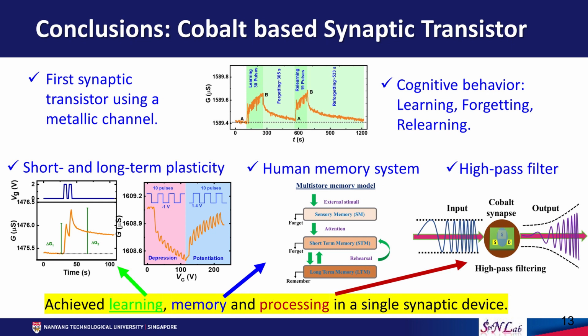And finally, in the single synaptic device, we have achieved learning, memory and processing. The learning was achieved by emulating the synaptic plasticity, the memory was achieved by emulating the human memory system, and the processing was shown by high-pass filtering behavior.